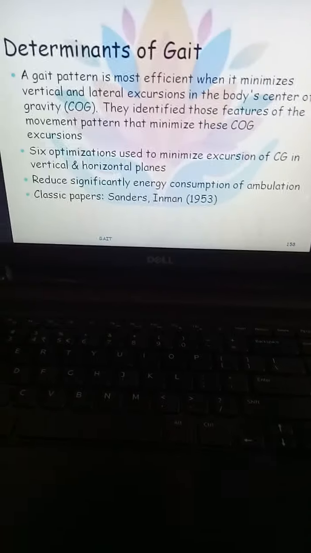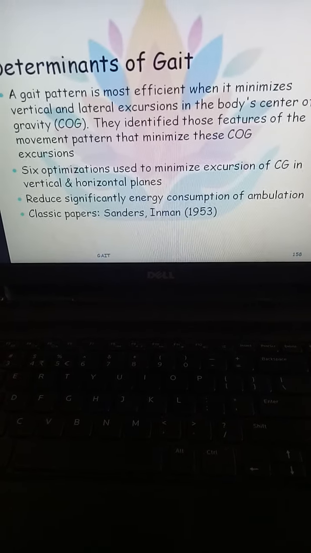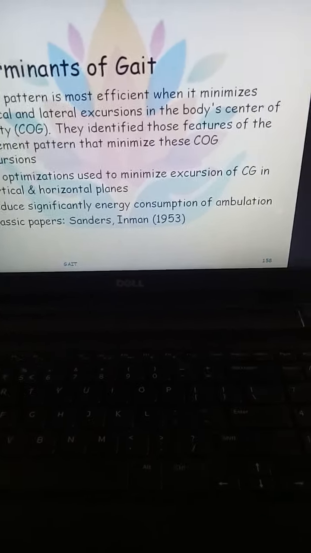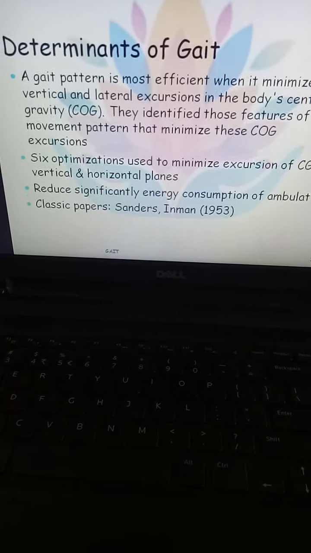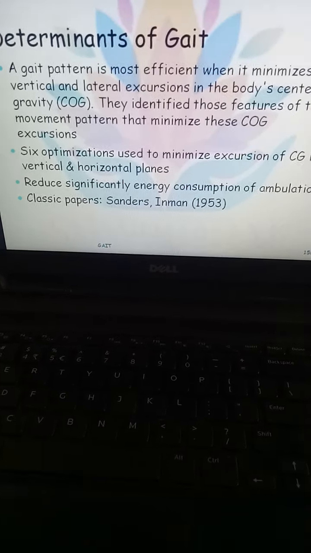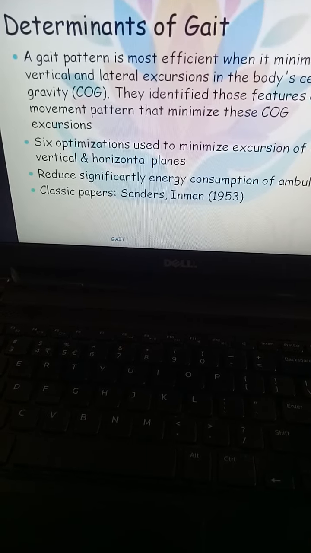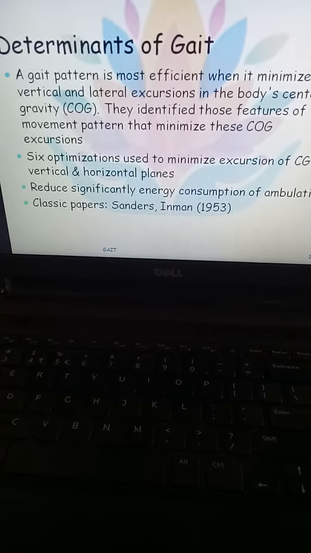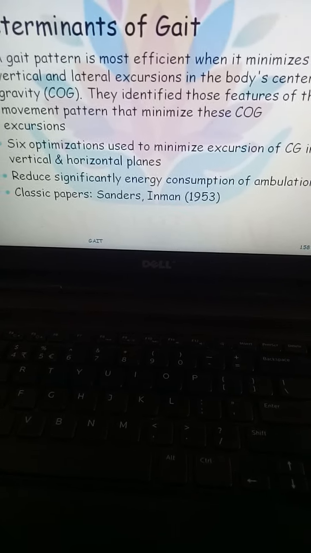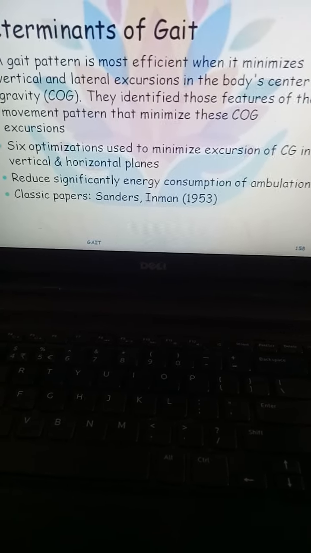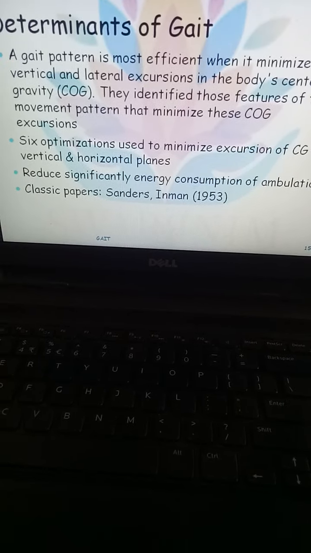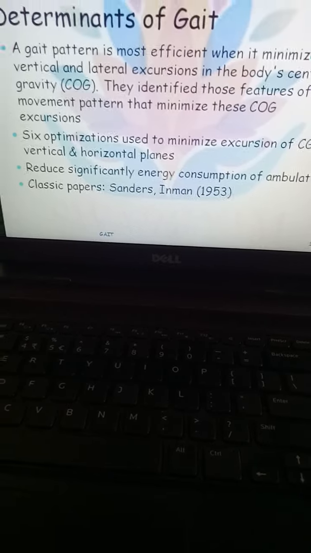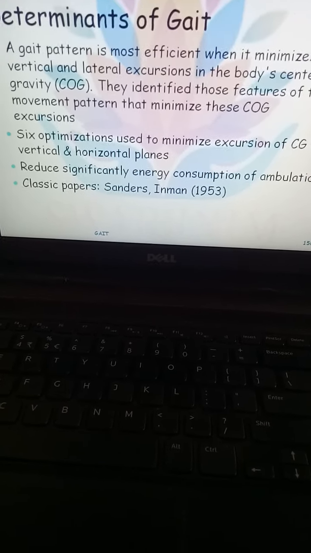In the determinants of gait, a gait pattern is most efficient when it minimizes vertical and lateral excursion of the body's center of gravity.